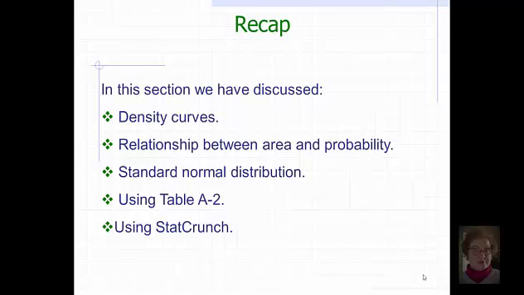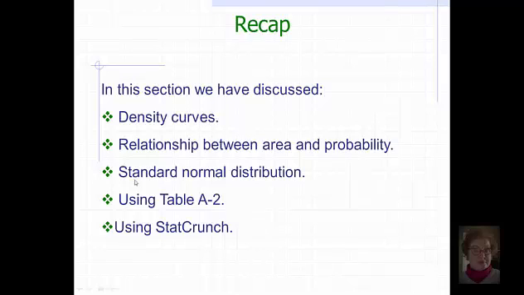So what we've done in this first section of our lecture is we have talked about density curves, and we talked about the relationship between the area and the probability. So remember, the probability of something happening is the area under the curve. We talked both about uniform distributions and normal distributions.